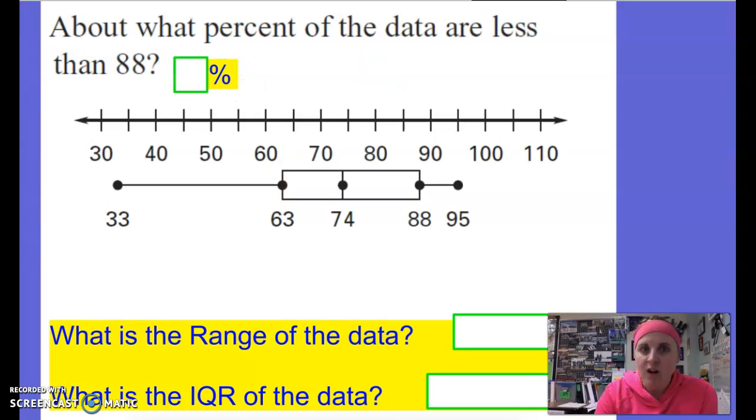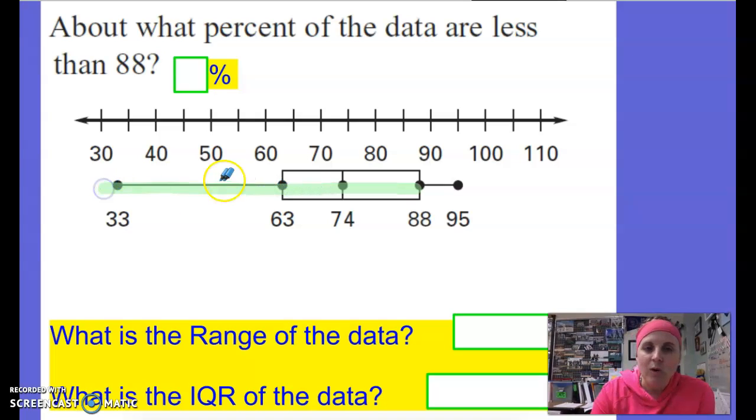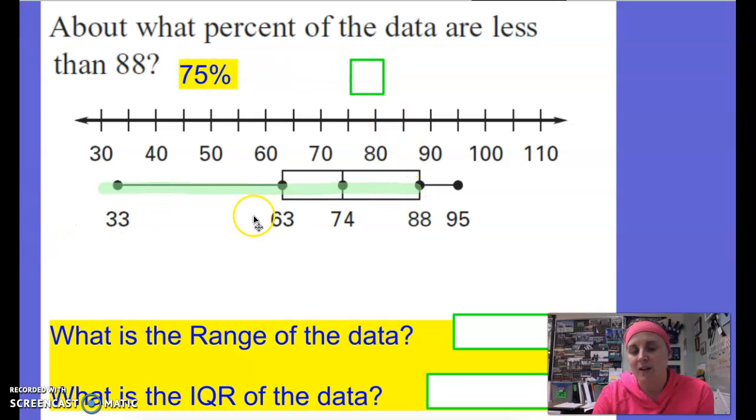Same graph here. What percent of the data is less than 88? So if we look now from 88 and less than, how many sections is that? This is 25%, this is 25%, this is 25%. So if we want to talk about less than 88, we're going to say 75% of the data.